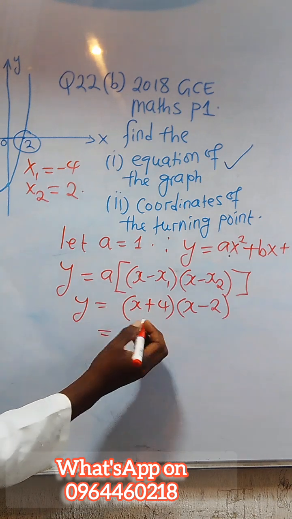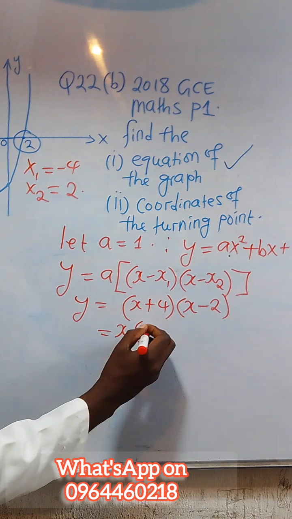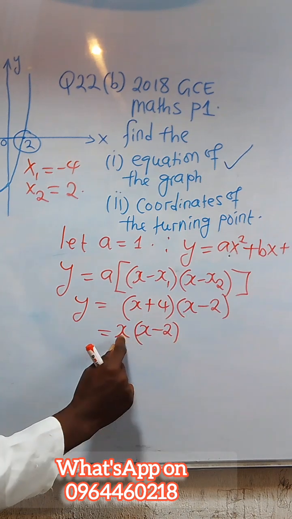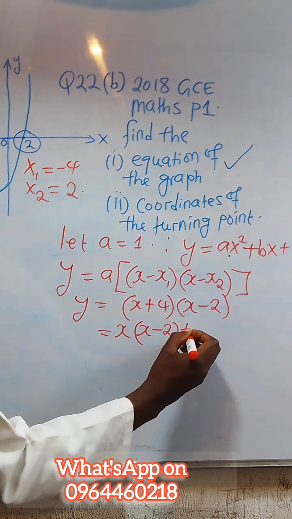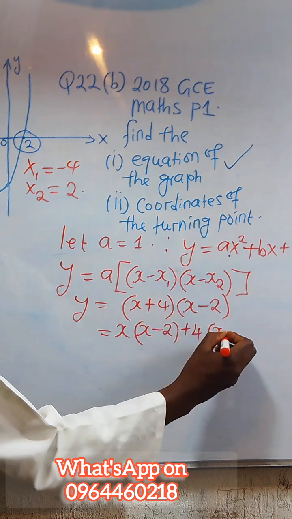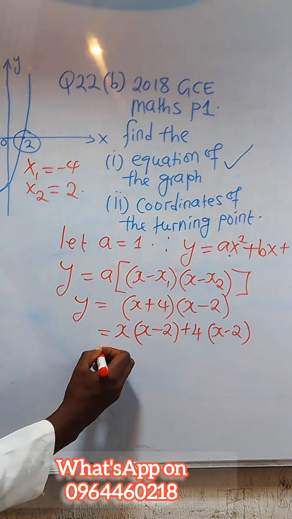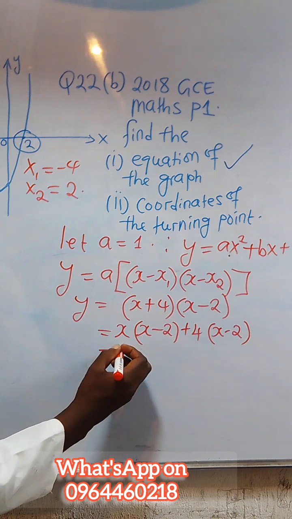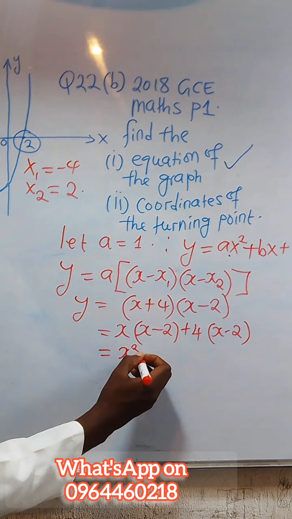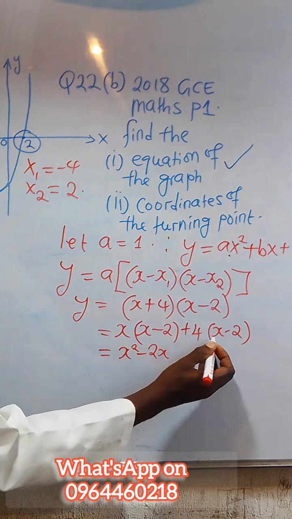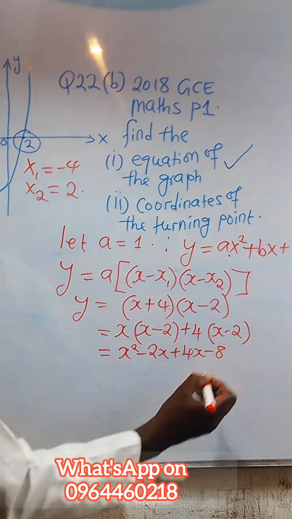From there we can expand the bracket. The x outside multiplies everything inside, and then the plus 4 does the same. So x times x is x squared, x times -2 is -2x, 4 times x is plus 4x, and 4 times -2 is minus 8.